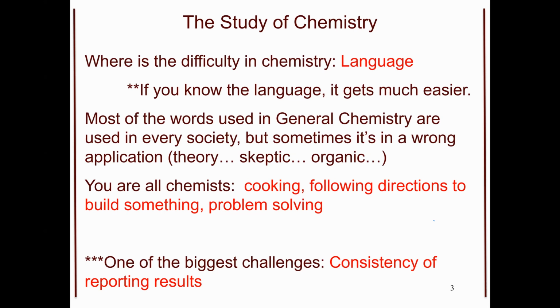As you see here, we have three terms that really get thrown around all the time: theory, skeptic, organic. Those are terms that were actually taken from us and used in modern day society. So what does it mean to be a skeptic? You hear that in today's society. Well, it's actually a good thing.